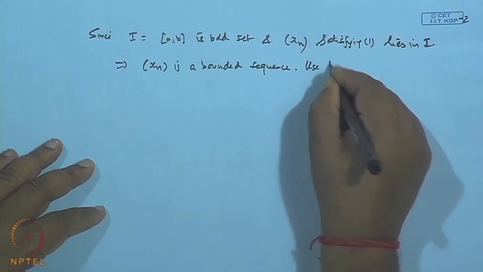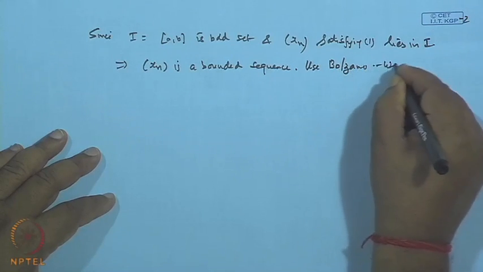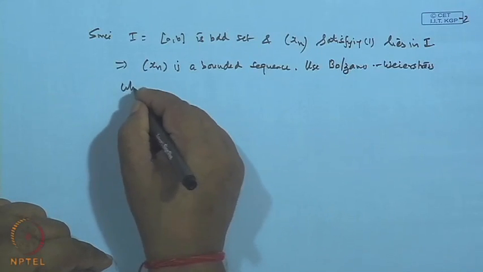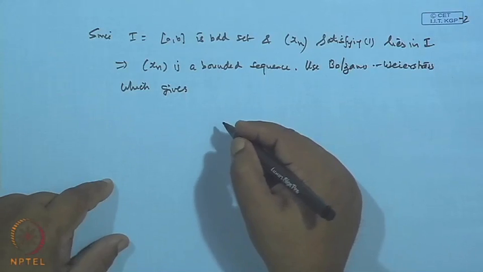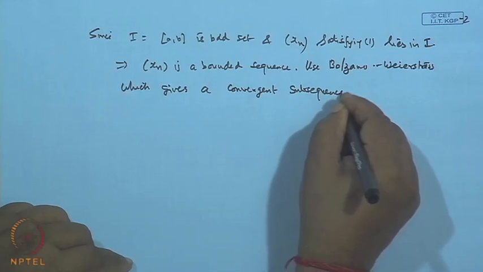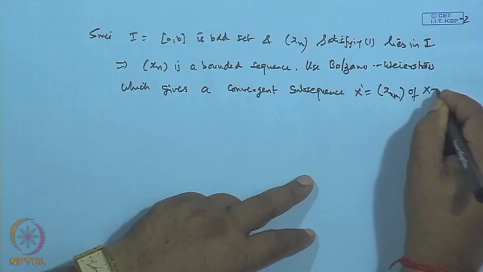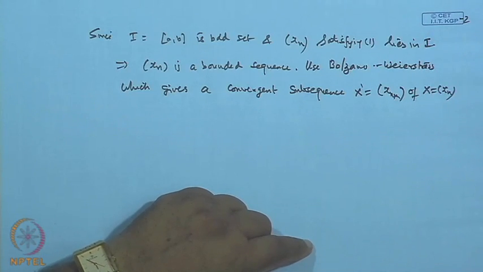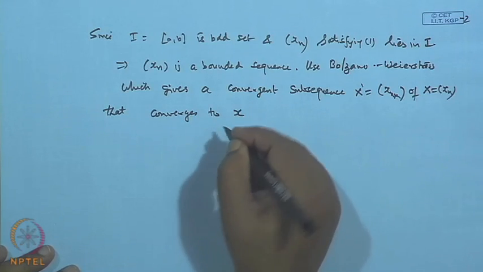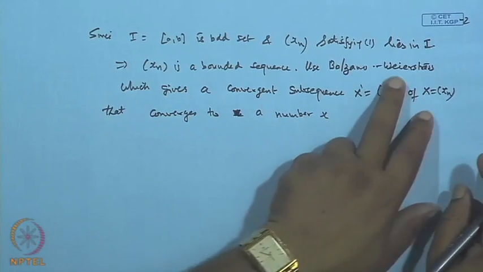So, use the Bolzano-Weierstrass theorem, which gives a convergent subsequence x_{n_k} of x_n that converges to a number, say x, because by definition x_n is a bounded sequence.